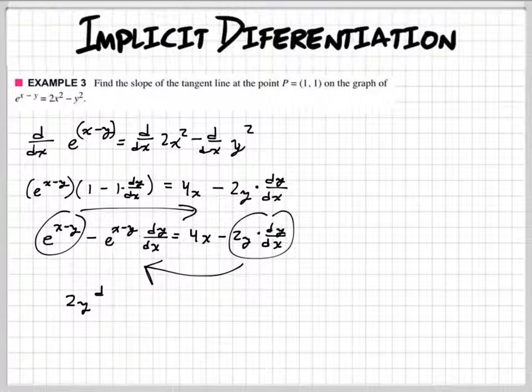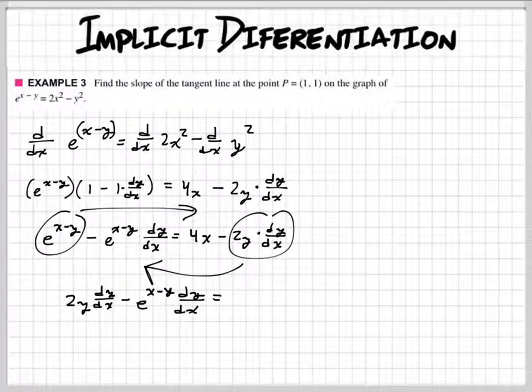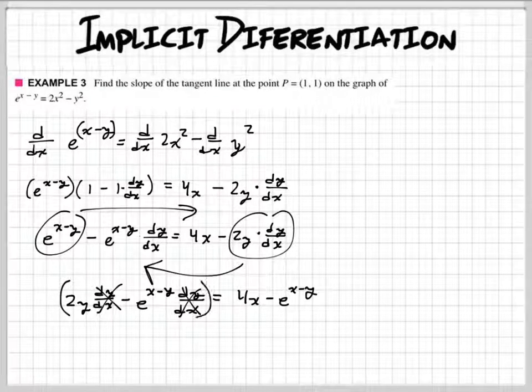So now I'm going to have 2y dy over dx minus e to the x minus y times dy over dx. On the right side, I have 4x minus e to the x minus y. So I factor out the dy over dx right here. It looks like this: dy over dx times the quantity.